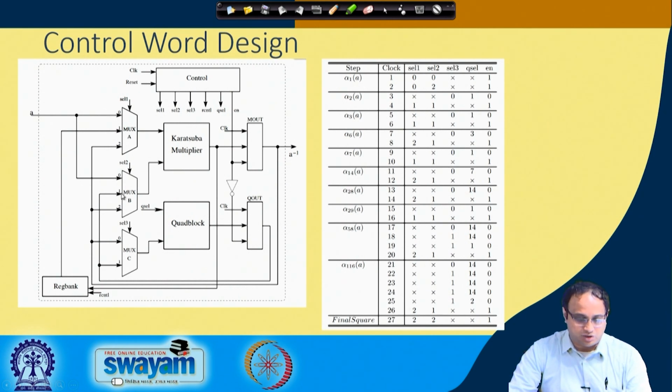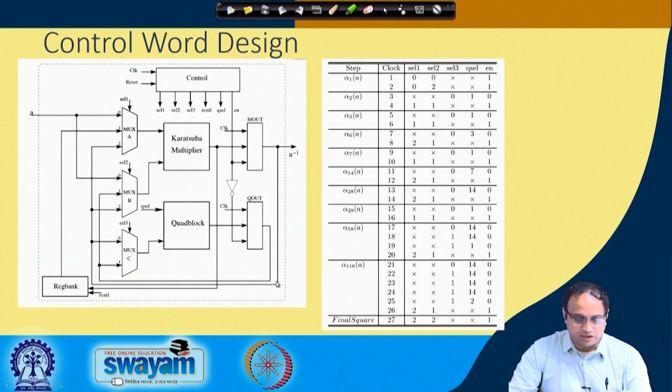If this is 1, then if you trace this back, I am getting this from here, and the other data I am getting from the register bank. So, I am now essentially multiplying, and I am getting alpha 1 to the power of 4, and I am multiplying that with alpha 1.